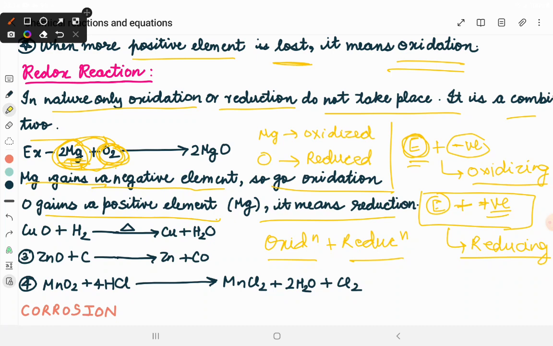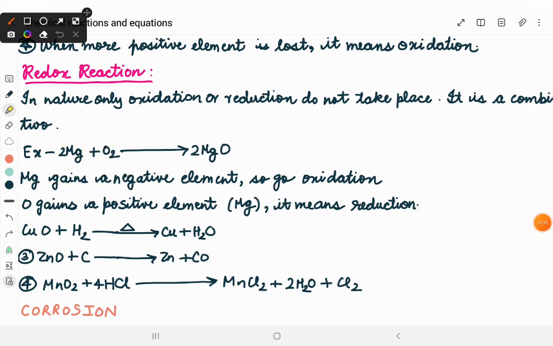Think of these other reactions also. See the reaction CuO plus H2, copper oxide plus hydrogen, gives copper plus water. Look at this oxygen first. Oxygen is getting hydrogen. I already told you, if an atom is getting something positive, it is reduced.